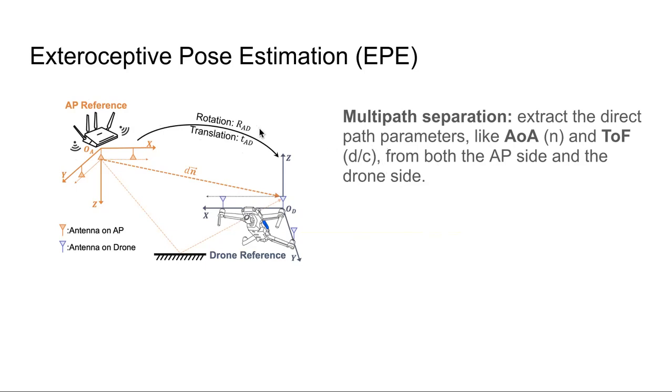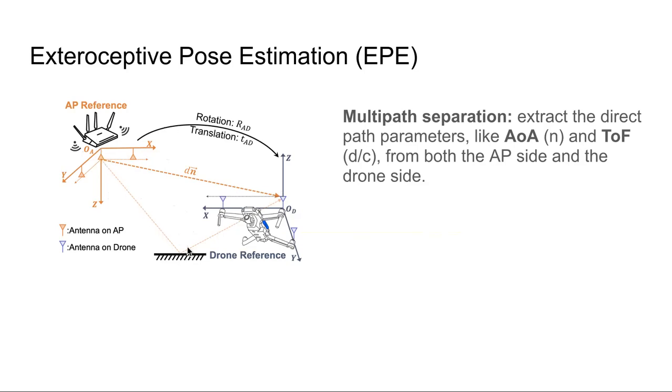When we separate the direct link and the multipath link, just to recap what we talked about last time: by multipath, it means that when we send signals in all directions, there is some mirror-like reflection, where the angle is the same, and the signal is reflected back to the receiver on the drone from the access point.